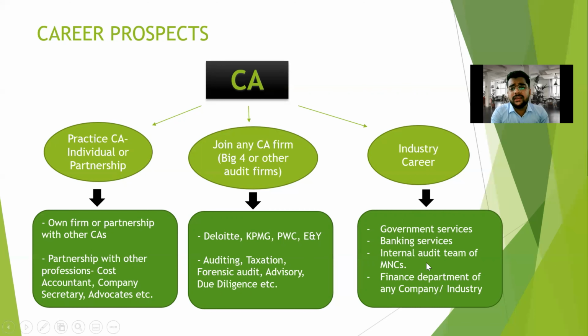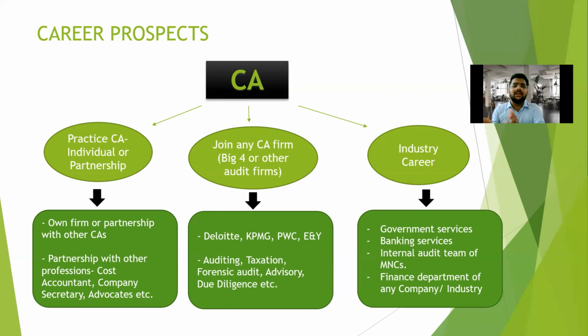And another aspect here is the industry. Now, say for example, you don't want to do auditing, or you don't want to practice as a CA. You can join any company like any other qualification. You can go and join a government company or a banking service or an internal audit team, etc, right? So that's the last choice.